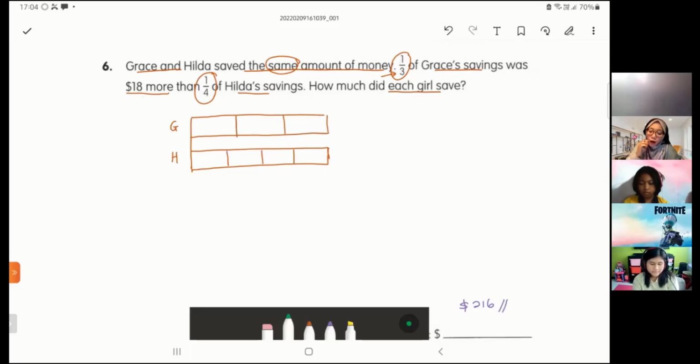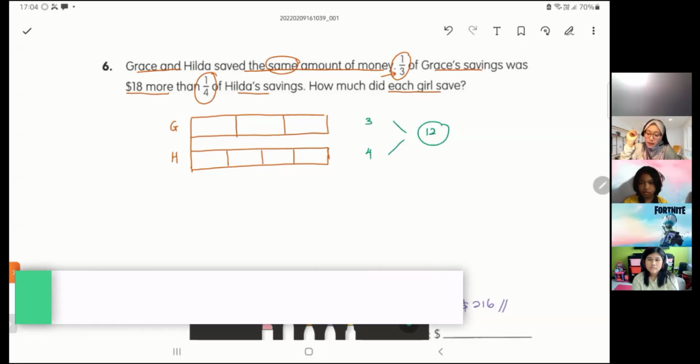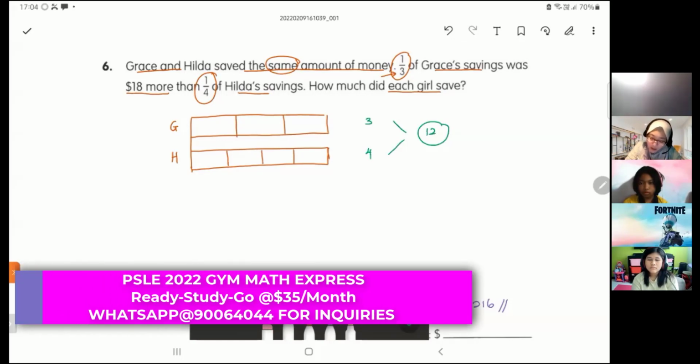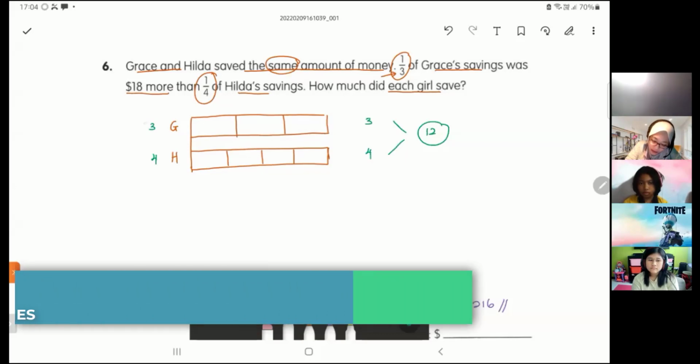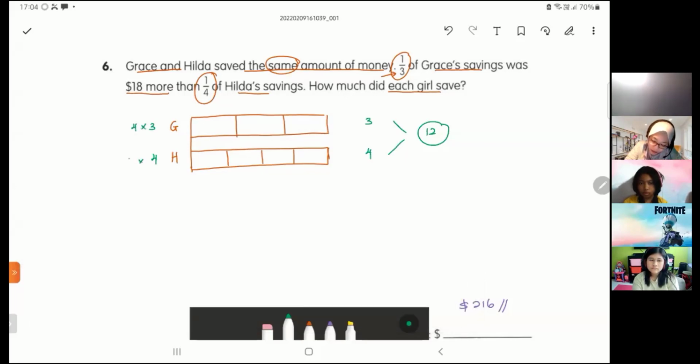Okay, make sure they are of equal parts first, which means between 3 and 4, the lowest common multiple will be 12. So each of them will have 12 parts. In other words, if Grace has 3 parts and Hilda has 4 parts, all you have to do is times 4 here, times 3 here. What does times mean here? Times here means cut into 4 parts each for Grace, cut into 3 parts each for Hilda.